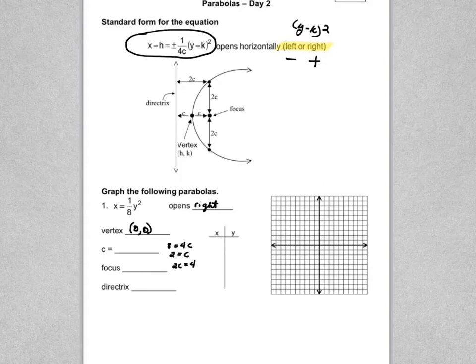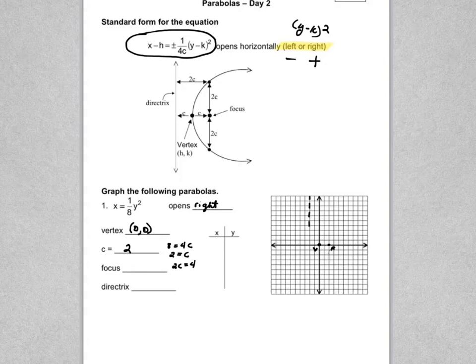So here we go. We have c. We're going to write a 2 in there. We're going to mark the vertex at 0, 0. But now we know that it opens to the right. So what we have to do is locate our focus and directrix. One is inside the cup of the parabola. So since it opens right, that's where the focus is. It's actually inside the parabola. So this one's the focus. And then the directrix is 2 spaces behind that.